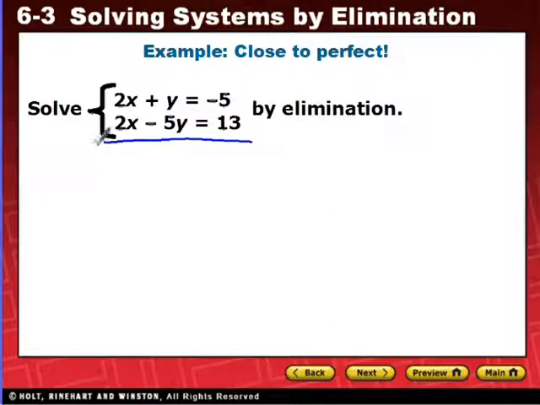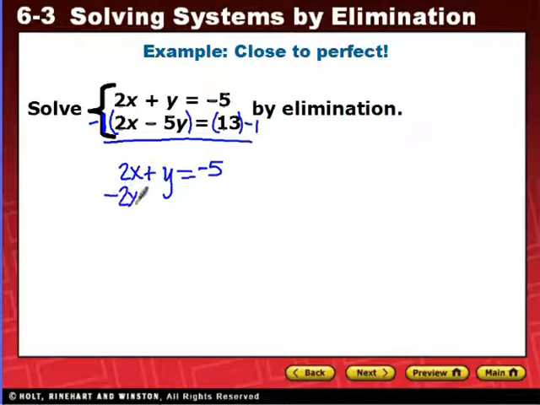Really, we're going to multiply the whole equation by negative 1. And when we do that, I'm going to write it over here. I'll show you the shortcut way to jot it down in just a second. Okay. Now my second equation is, let's rewrite the first one.